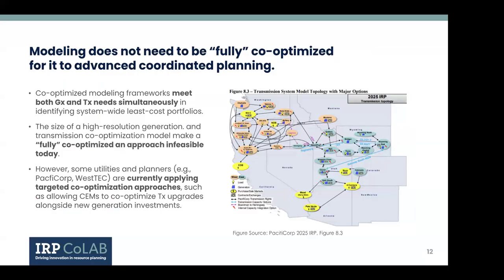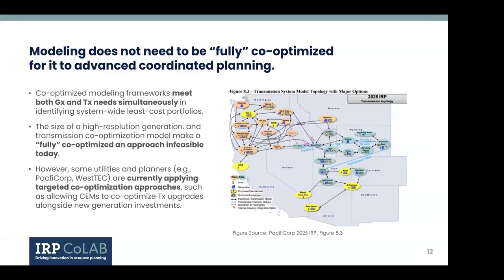So I want to touch just briefly on this final gold star aspirational approach, which is co-optimized modeling. In a co-optimized framework, we are using tools to identify solutions that meet generation and transmission needs simultaneously, really identifying system-wide least cost portfolios.